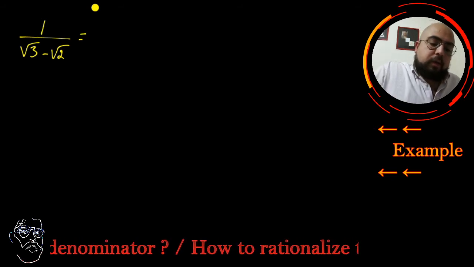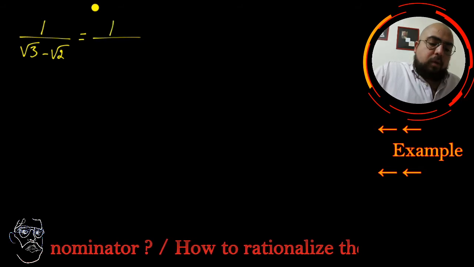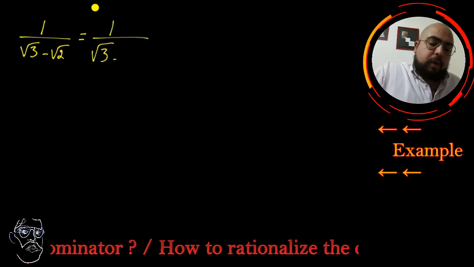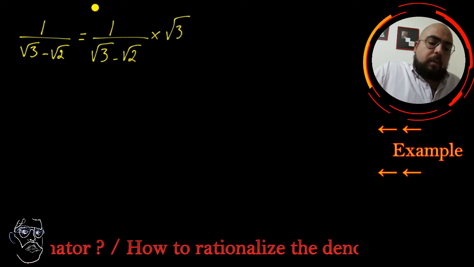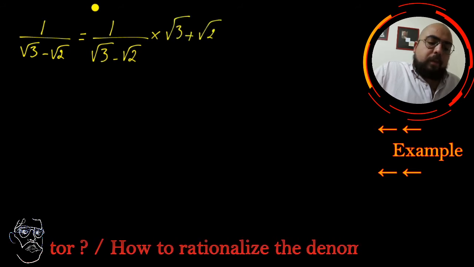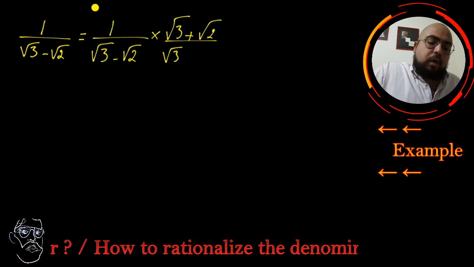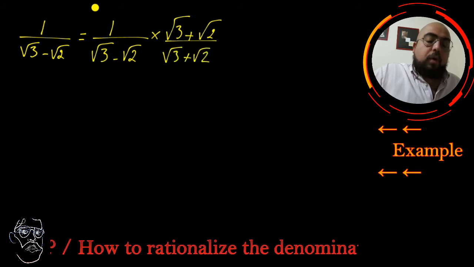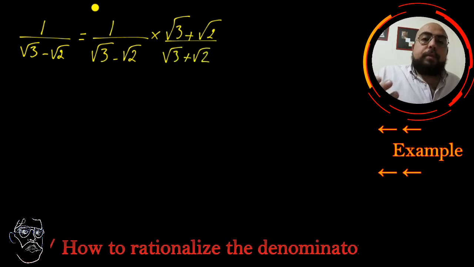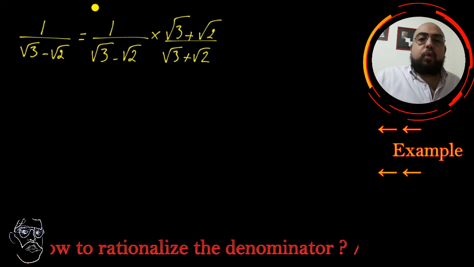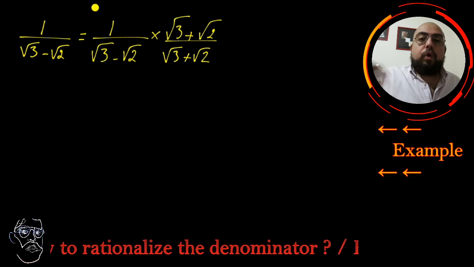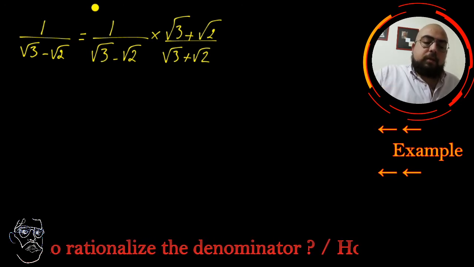So, I can write it down as 1 over square root of 3 minus square root of 2 times square root of 3 plus square root of 2 over square root of 3 plus square root of 2. Why? In order to obtain a minus b times a plus b, which is a squared minus b squared. So I will be removing the radicals.